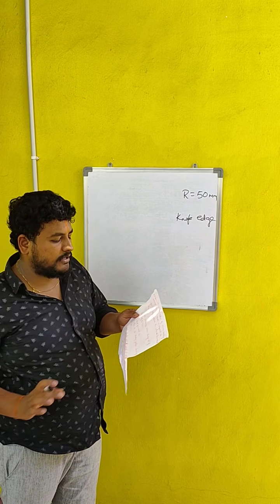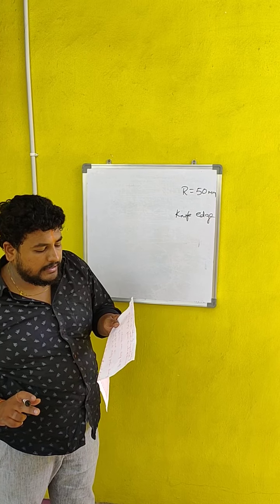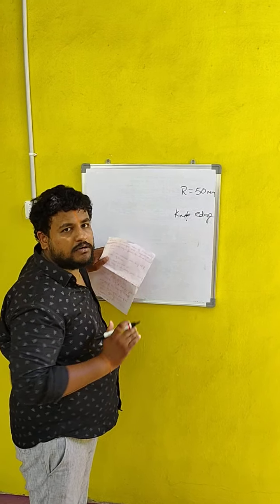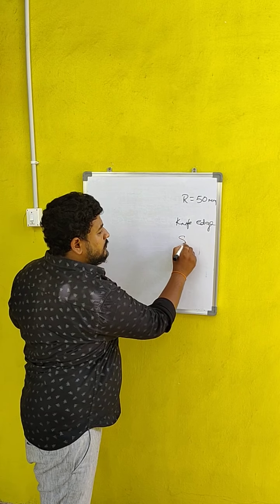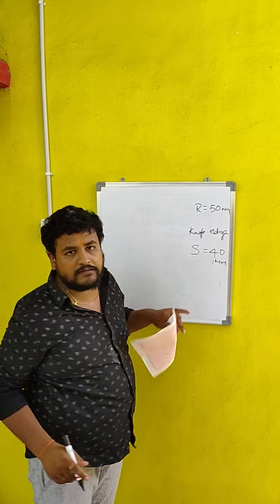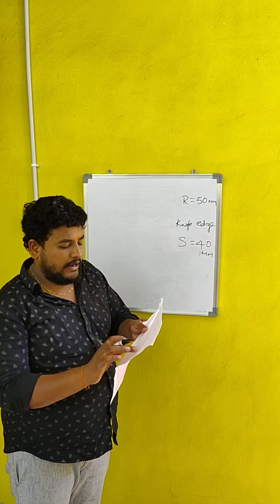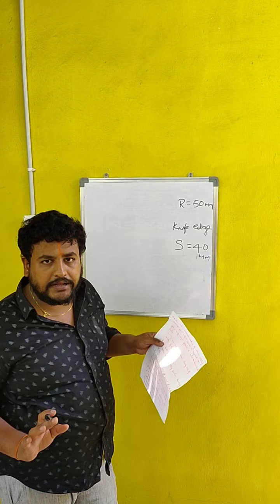Here the motion of the follower is described to move outwards 40 mm during 100 degrees rotation of the cam. That means the maximum displacement of the follower, which is the stroke of the follower, is given as 40 mm. The first 100 degrees of rotation is the outstroke, called the rise period.